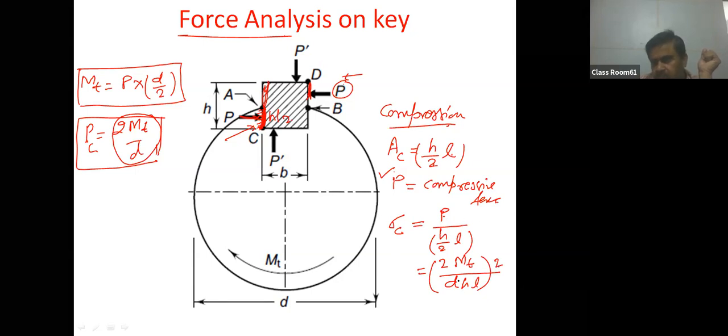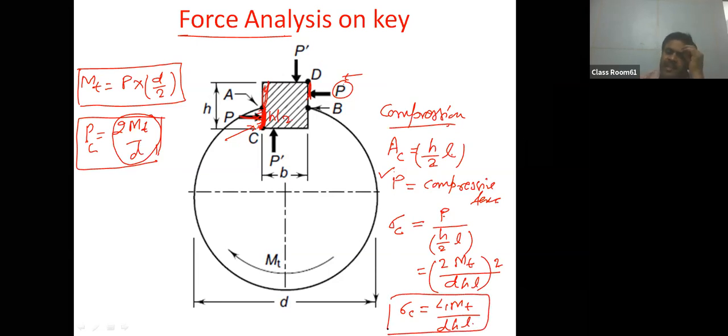This 2 will go in the numerator. So ultimately it is 4 times Mt by D H L. So this is the compressive stress, sigma C equal to 4 Mt by D H L. I think it is clear, no problem? Due to this force, compressive stress is coming on the key. So during the design of the key, we have to take care of this compressive stress.